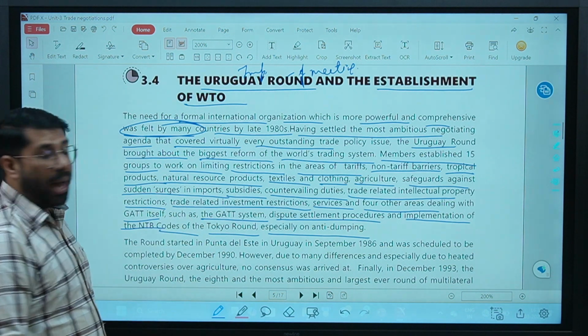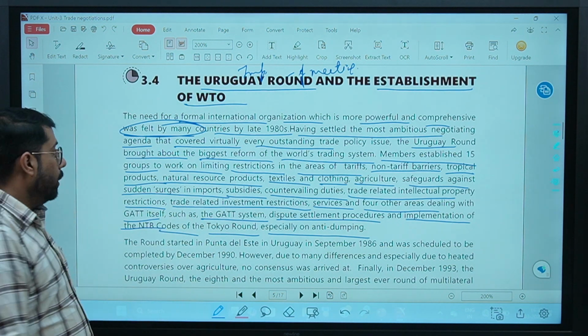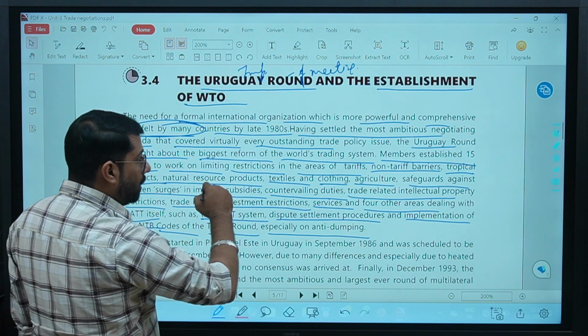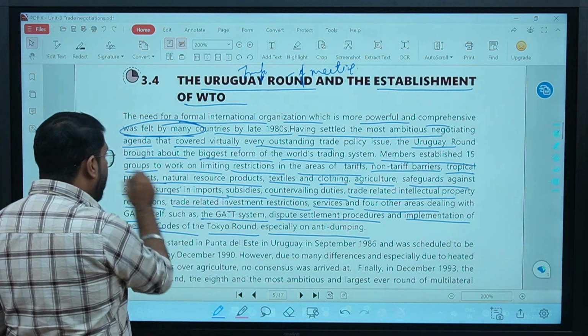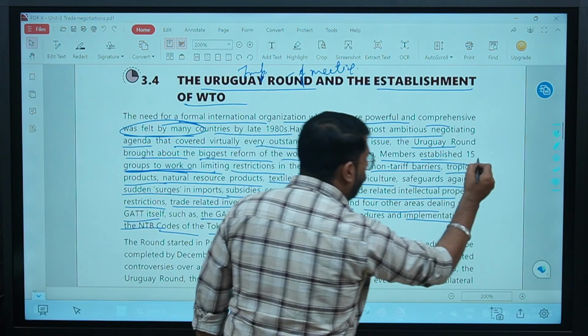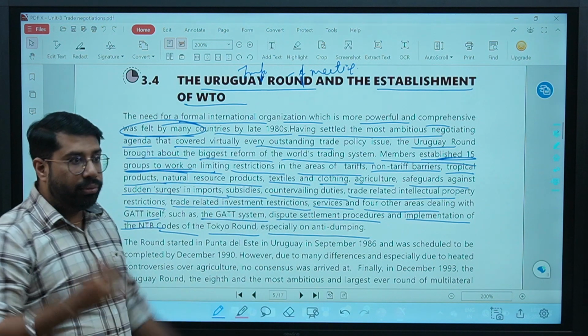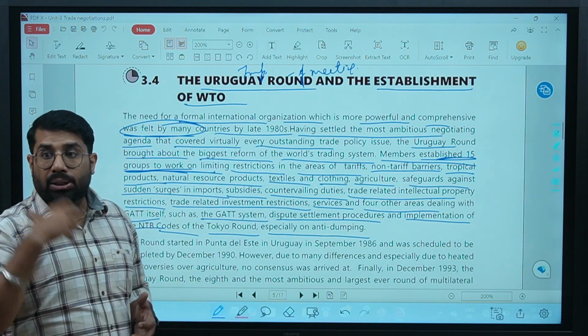In these meetings, what happened in this Uruguay round meeting, it is saying that 15 groups of work were established. 15 groups of people were made and they started working.